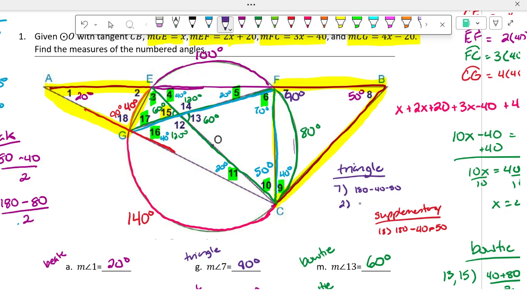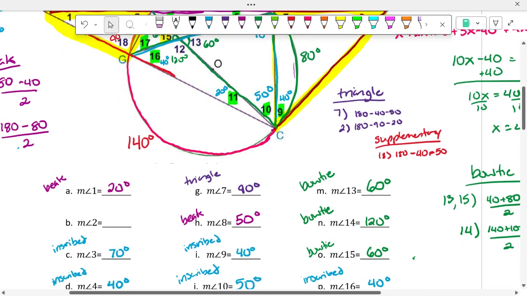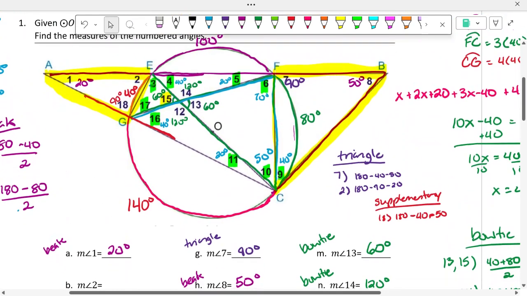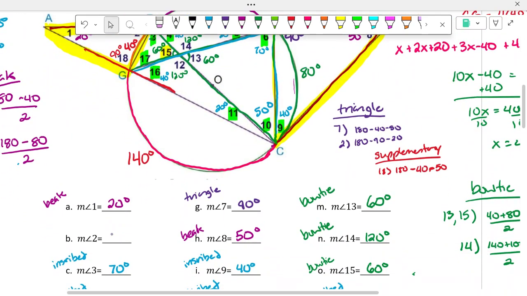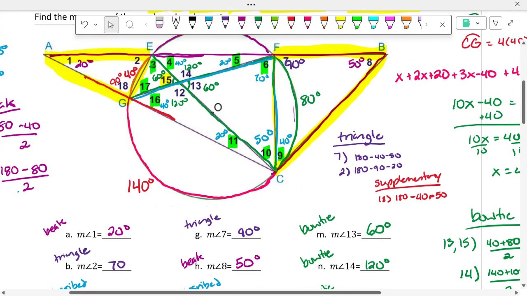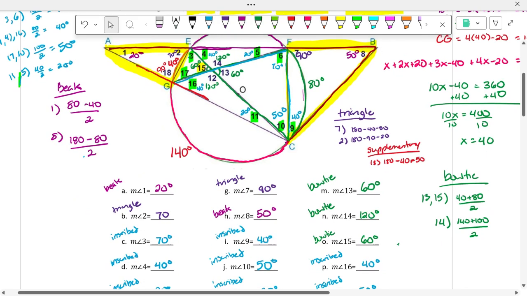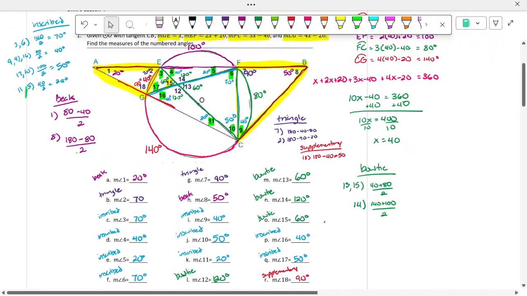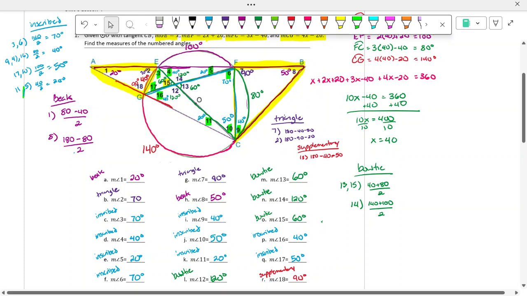So I could just do 180 minus 90 minus 20, which is 70. So that's 70 degrees.